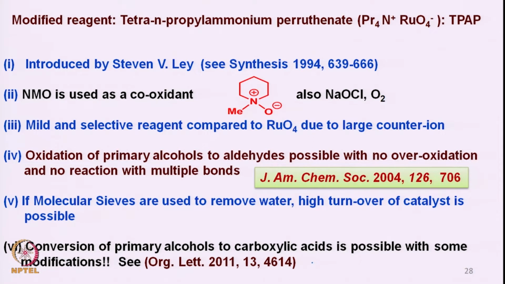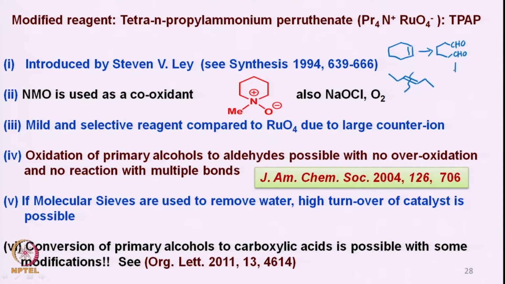But many a time when such conversions are required to be stopped at the aldehyde stage, then there is a problem, and this becomes more important when you carry out oxidative cleavage of a cyclic olefin or even an acyclic olefin, with substrates which can give the corresponding aldehyde, but then these aldehydes are oxidized to the corresponding acid.